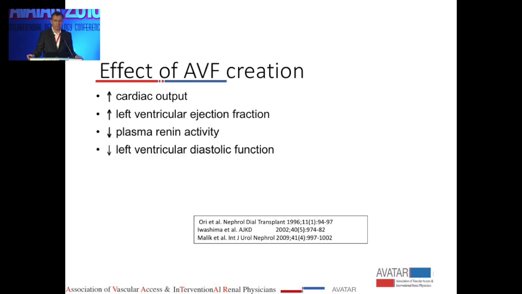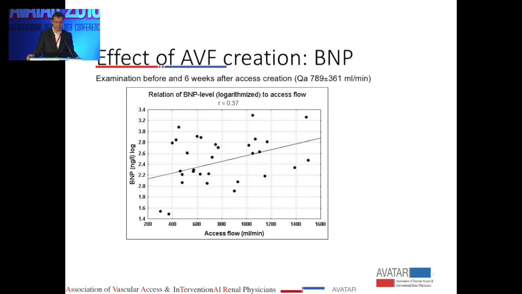On the contrary, plasma renin activity decreases and the left ventricular diastolic function worsens after the creation of dialysis access. We studied the BNP, B-type natriuretic peptide levels before access creation and 6 weeks after.